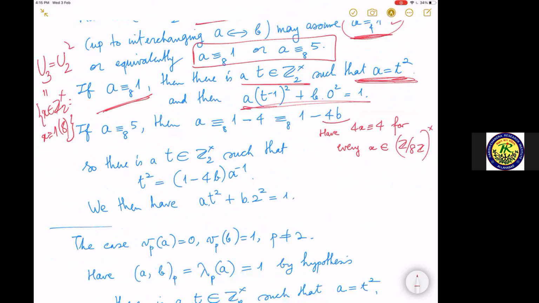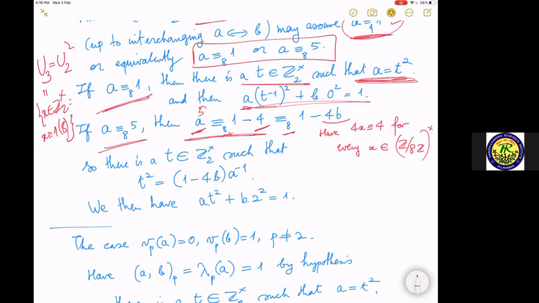On the other hand, if a is congruent to 5 modulo 8, then it's congruent to 1 minus 4, because 5 is 1 minus 4 modulo 8. Everything is happening modulo 8.